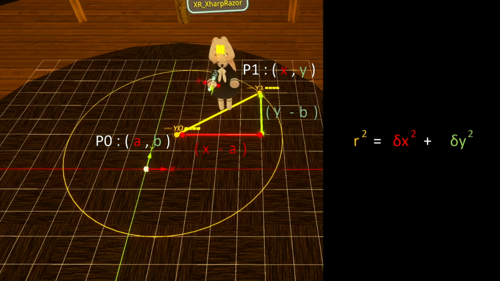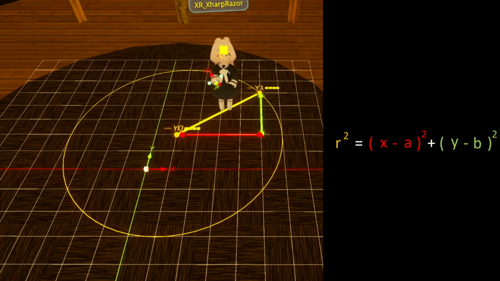If you plug that in, you have x minus a, the whole thing squared, plus y minus b, the whole thing squared. You add them together, and this should be r squared.